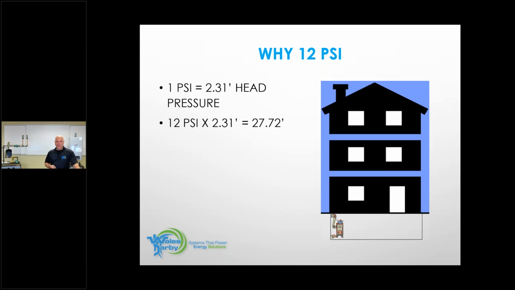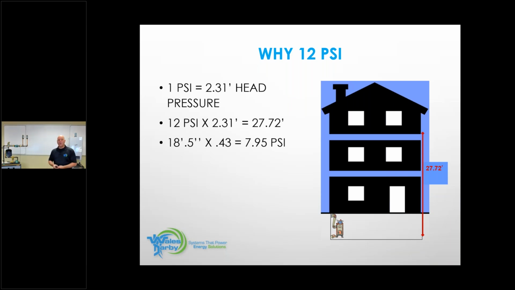So let's call it 28 feet. Out of the box, your expansion tank and your boiler feed valve have the ability to lift water from the boiler 28 feet up. So that covers the majority of our two-story homes that we work in every single day, and that's where the number 12 comes from. So pretty simple.